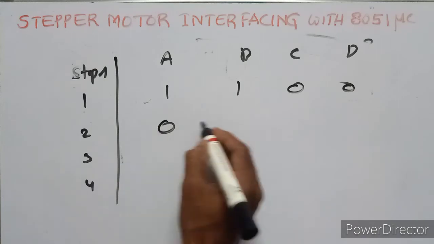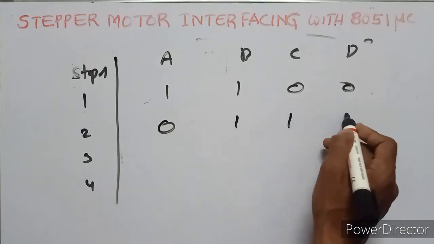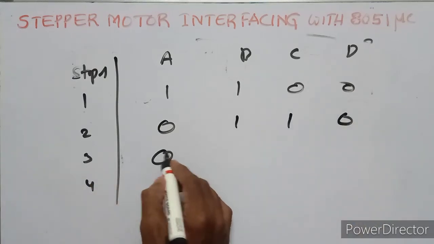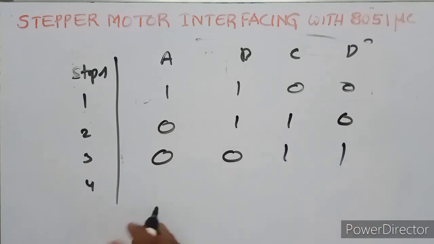In step 2: 0 1 1 0. In step 3: 0 0 1 1. In step 4: 1 0 0 1.